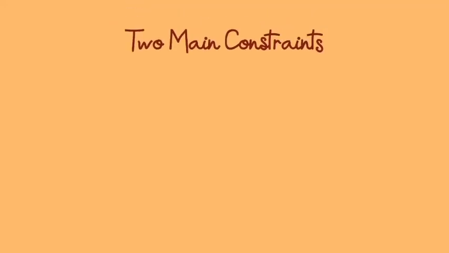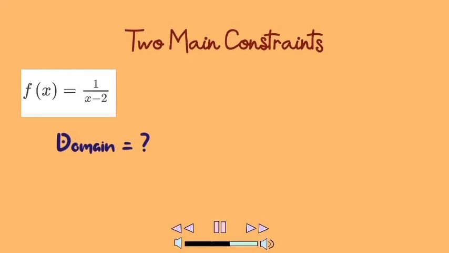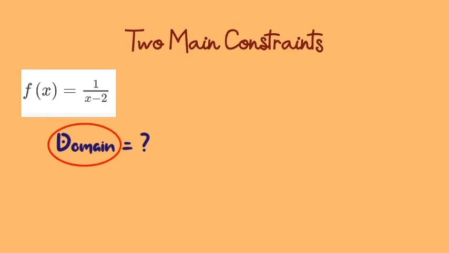To give you some good news, there are two main constraints that are very common in the exam. Look at this function. f of x equals 1 over x minus 2. What is the domain of this function? The domain is the set of all possible input values.